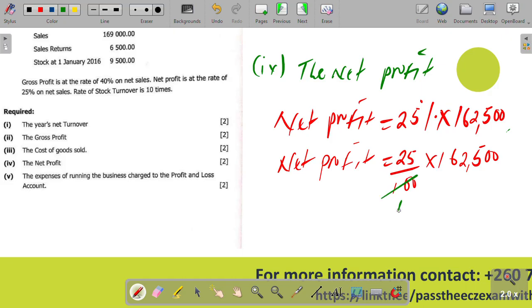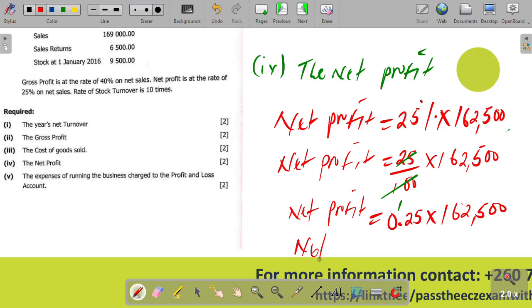Here we divide 100 into 100, 100 into 25. What do we get? 0.25. So net profit is 0.25 times 162,500. When we multiply here, what do we get?